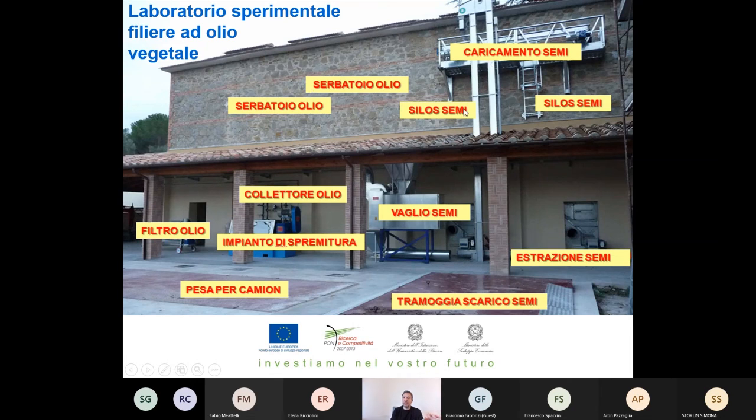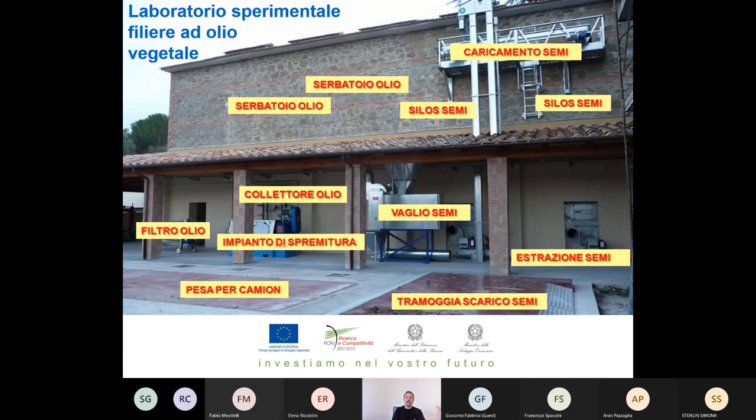Here we can extract large quantities of vegetable oil from cardoon, and we investigated the chain and the characteristics of this vegetable oil.